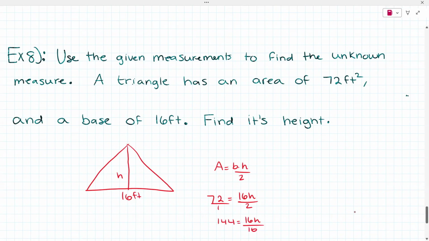Divide this by 16. You get h equals 144 divided by 16, which is 9. So my height is 9 feet. Okay, so that's how you do this problem. Just use what you know and then fill in what you don't know.